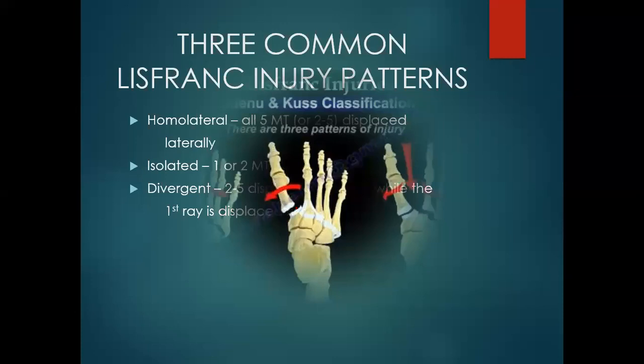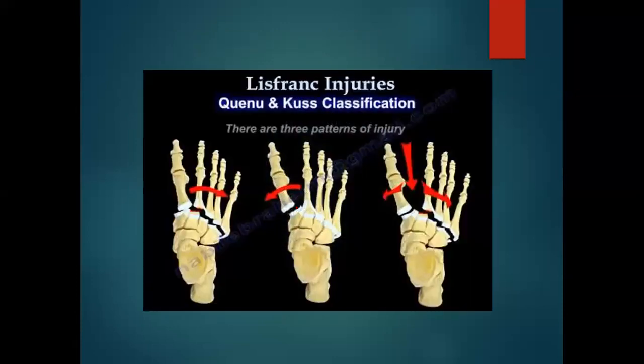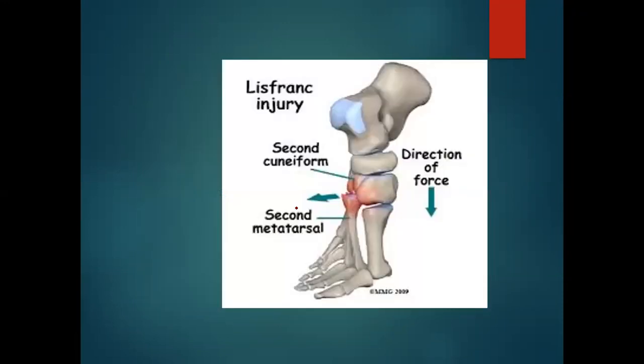So here's what happens. They'll have some sort of an injury where they see how this is the calcaneus. So basically some sort of high impact or directional force this way, causing the foot to kind of crumple onto itself. And you get pressure and then a force that causes it to go this way.